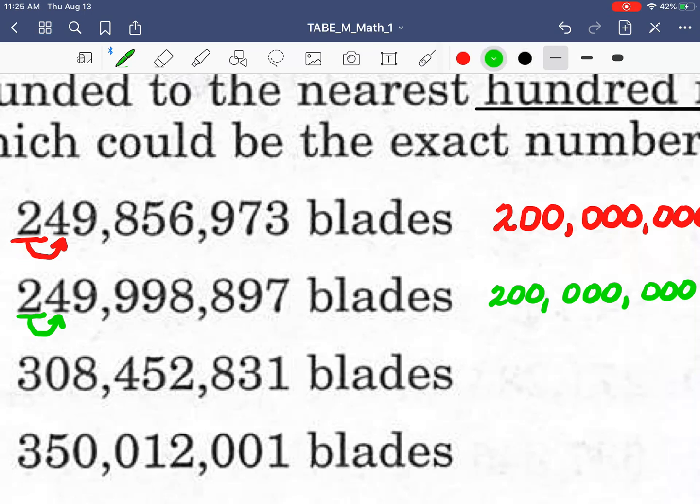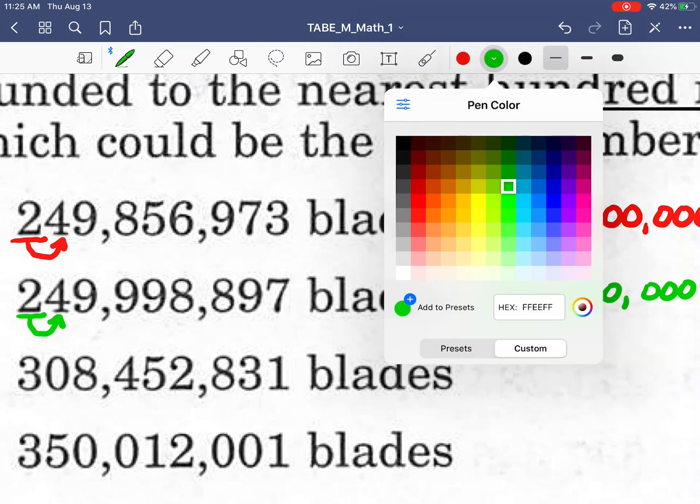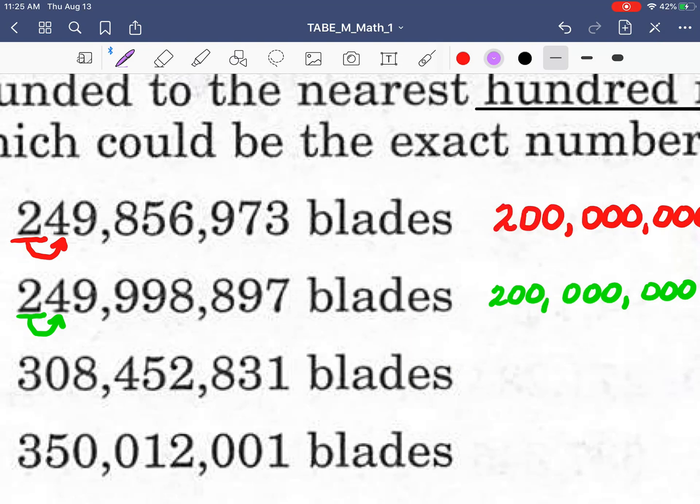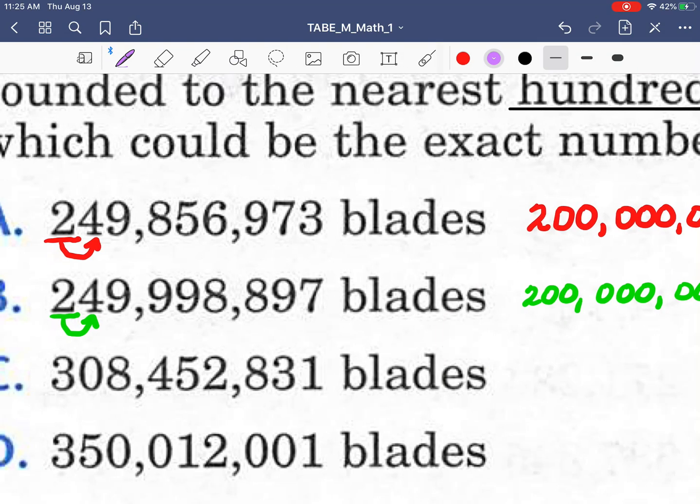And I'm going to get a different color for each of these just so that I don't lose my place. This one, there's the spot, the point of reference. 0 says don't round, just stay the same. So we're going to keep our 3 and round off the neighbors. That's a possibility right there.